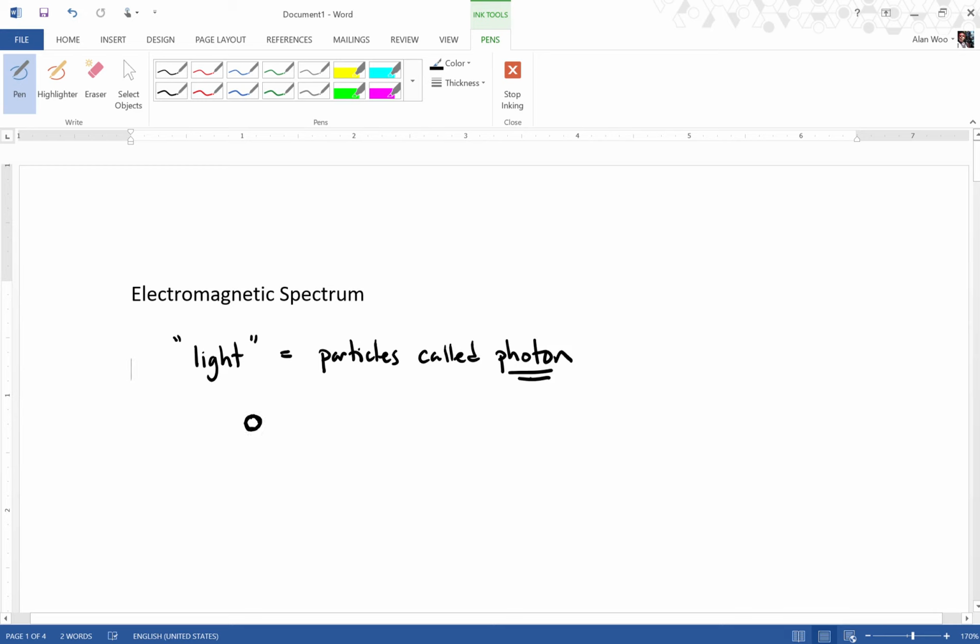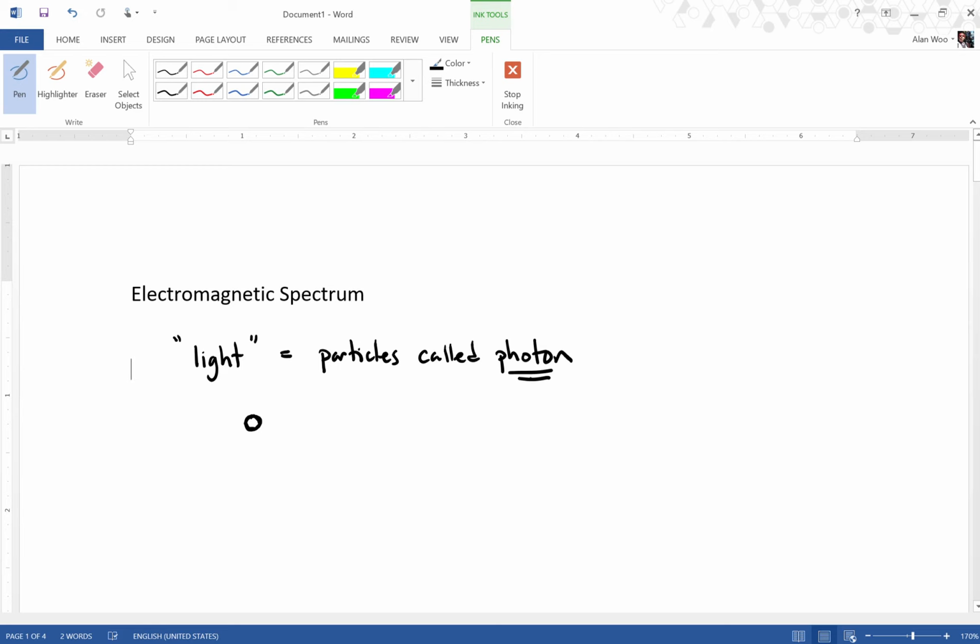Most of the time, light is emitted by atoms and objects through chemical reactions. But before we get into all of that, we just have to understand what light is, how it travels, and how we actually see and visualize light.